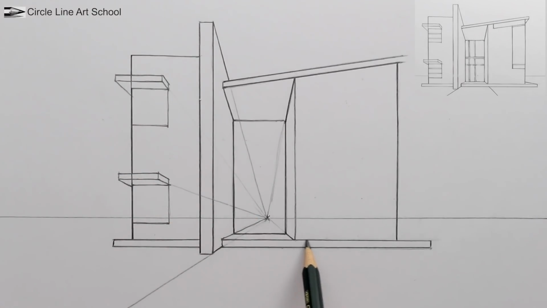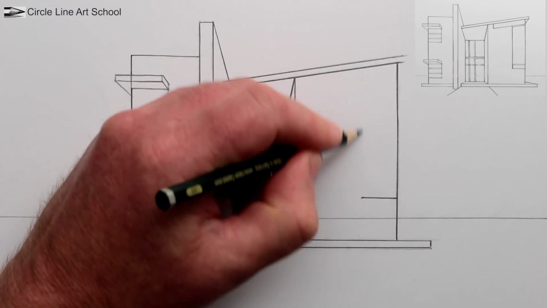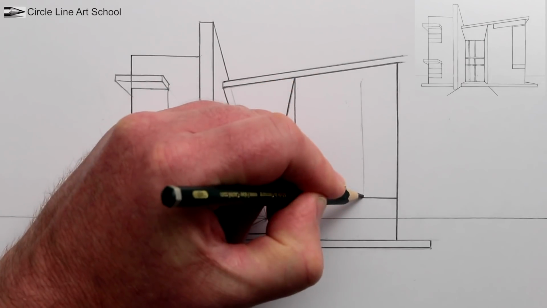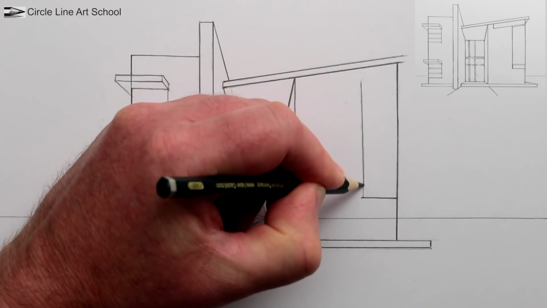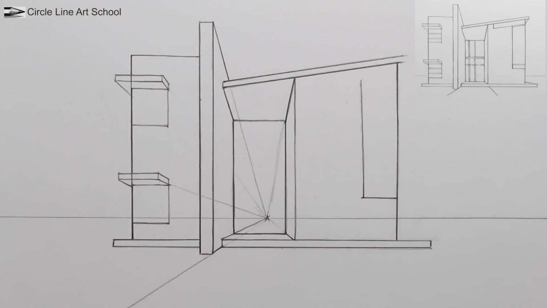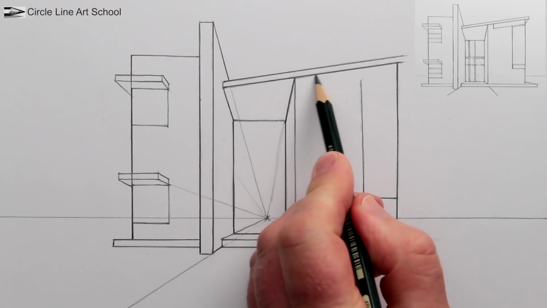Next, draw a tall window on the far right of the house, near the edge of the house. We could add a thin angled window below the roofline too.